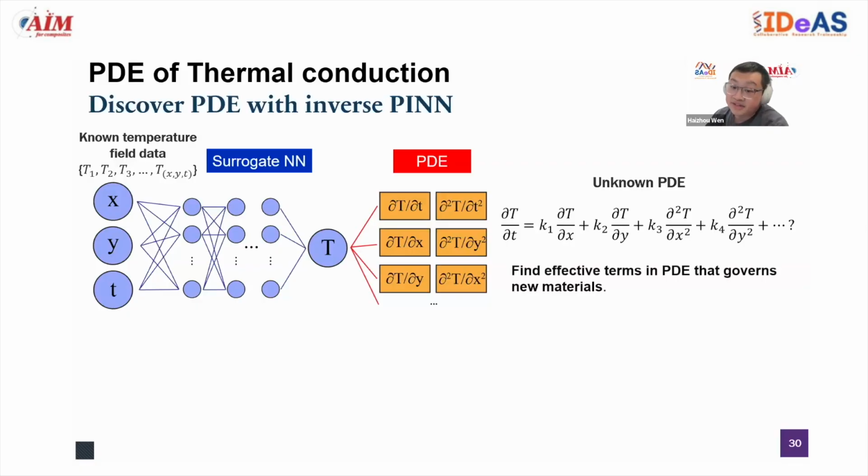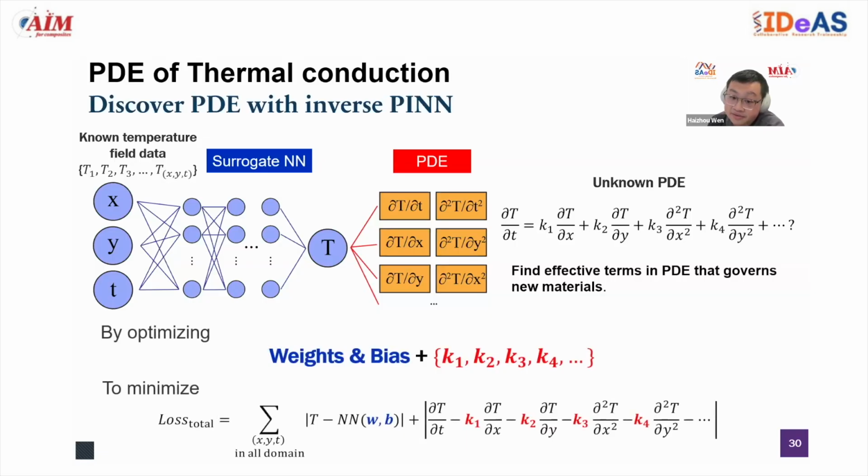So we are blindly guessing the form of the PDE. We put every possible term into the PDE and let the PDE pick the most effective ones. So the algorithm needs to approximate the multiple coefficients at once to minimize the total loss.